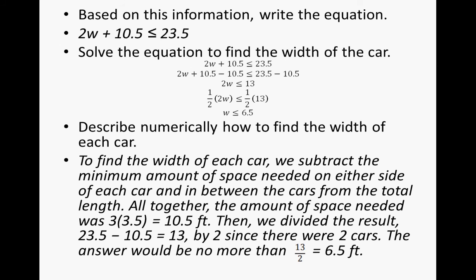Then we divided the result. 23.5 minus 10.5 is 13, which is what we got right here. And we divided it by 2 since there are 2 cars. So dividing by 2 is the same as multiplying by 1/2. The answer should be no more than 13 divided by 2, which is 6.5 feet.